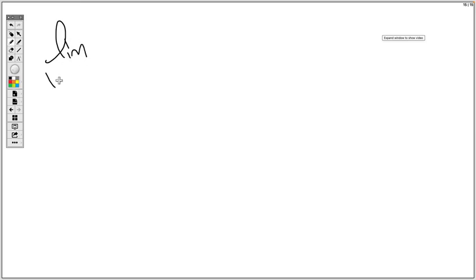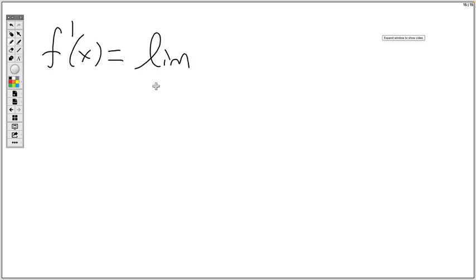But one of the definitions of derivative, f prime of x is the limit as h approaches 0 of f prime of a. We haven't done the x yet. That's the next slide.